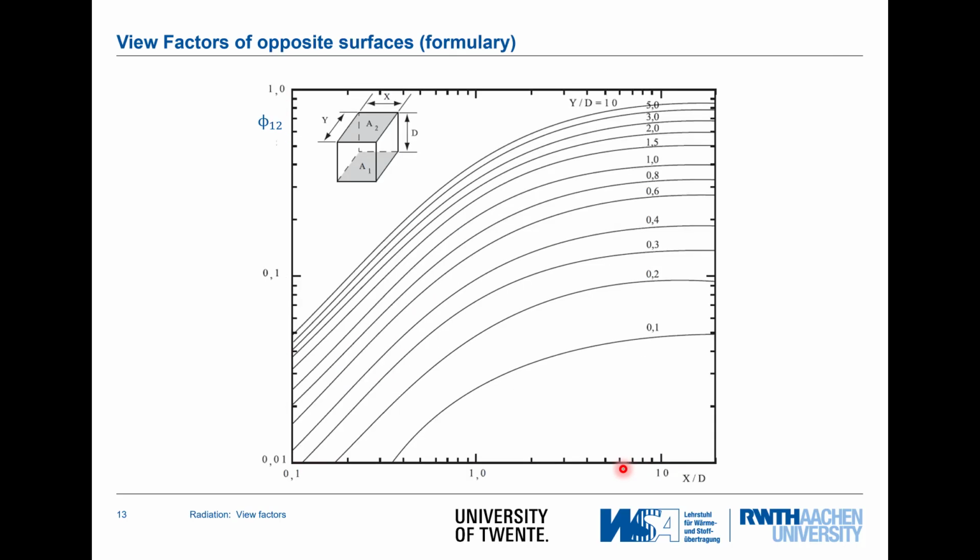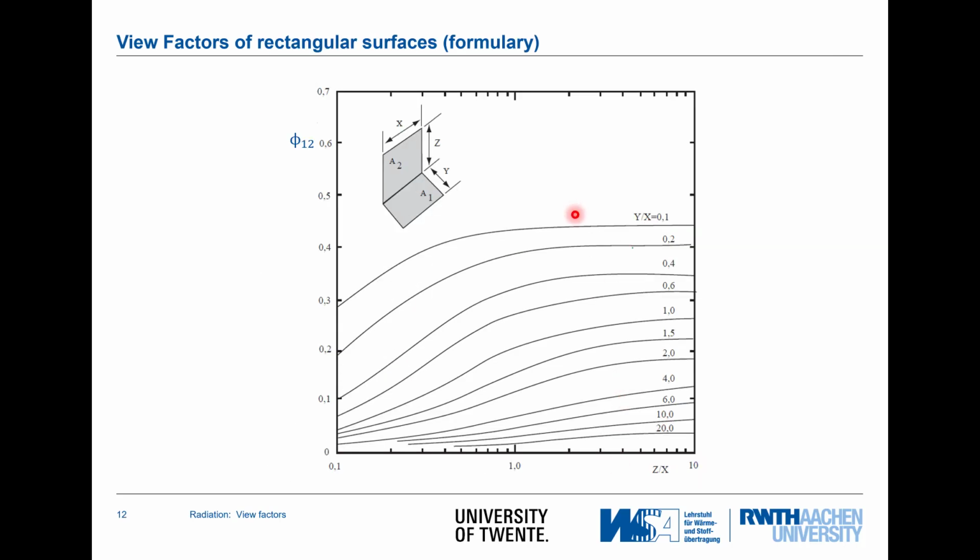To make this a little bit easier, if y is very large, then the radiation will go quite somewhere else. So this means if y over x has a large value, the view factor is pretty small, because most of the radiation from A1 goes in another direction than to 2.